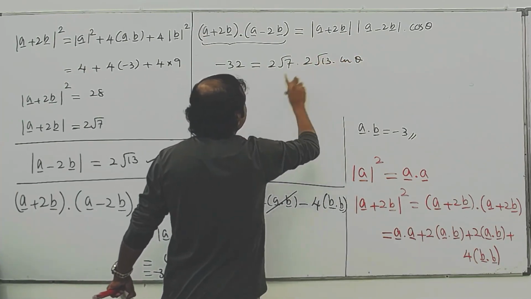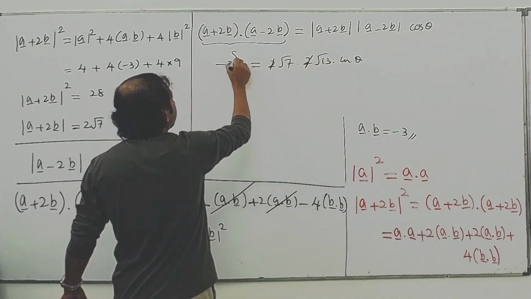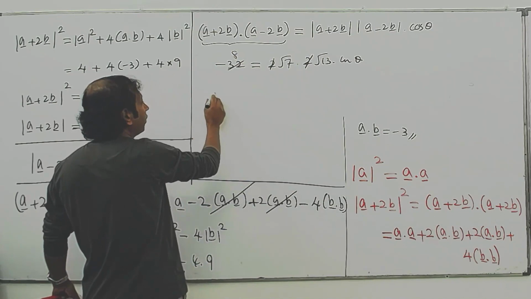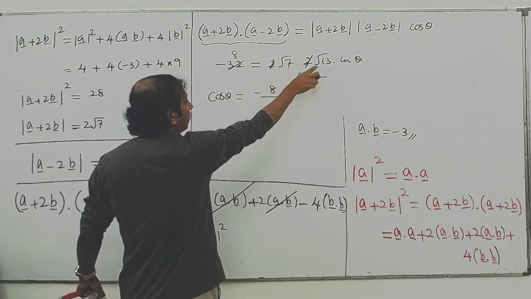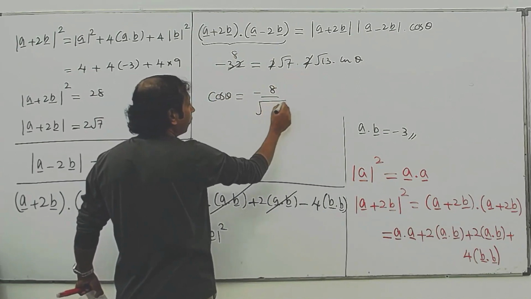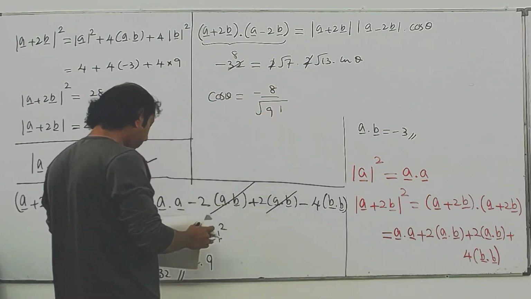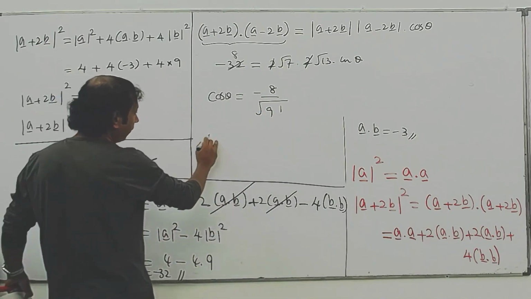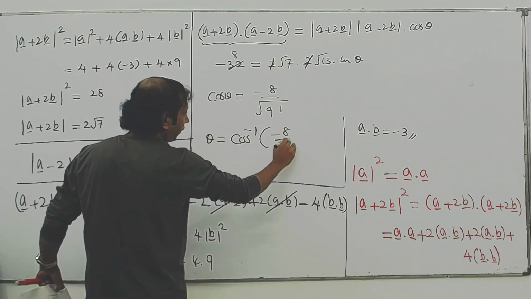This is right. 2 to 4, no? You can cancel down with this 8. Then cos theta you can get. What, people? Minus 8 over root 91. Theta is cos inverse of minus 8 over root 91.